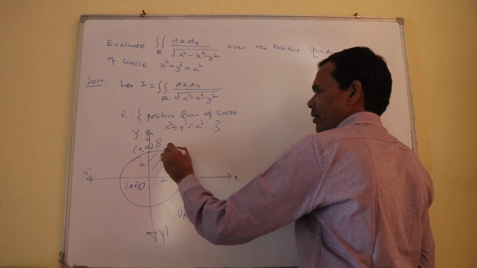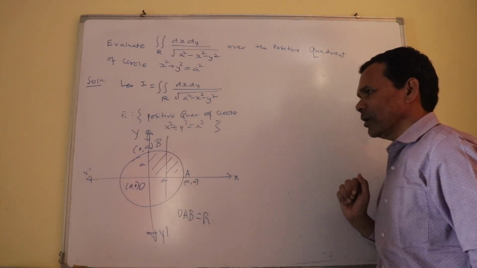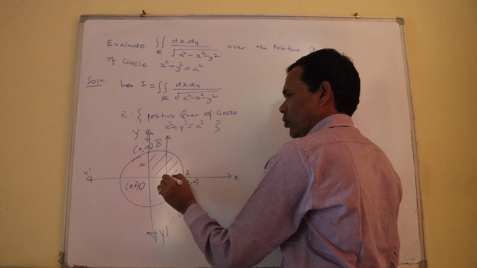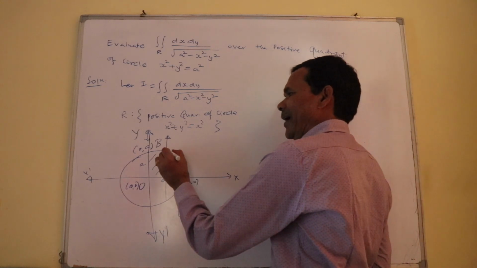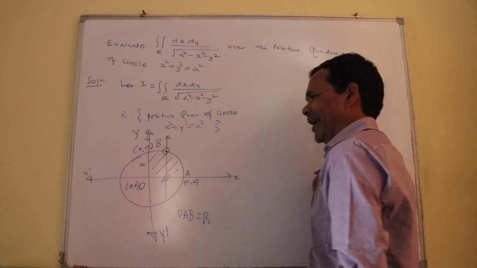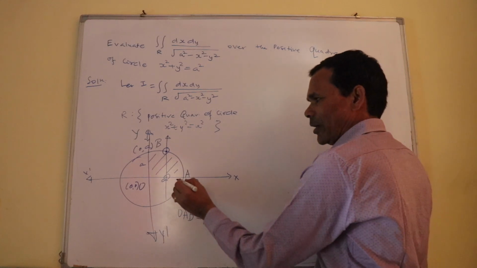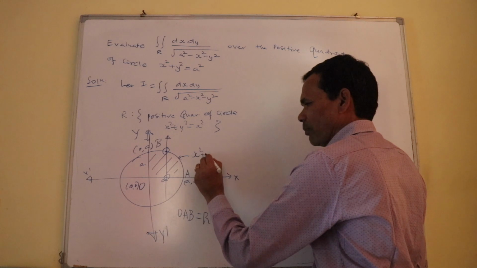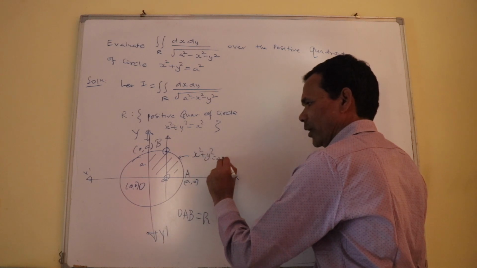Now to consider the vertical strip or line in the region of integration, I encircle where the region starts, and I encircle where the region ends. So this is the boundary of the circle, x square plus y square is equal to a square.